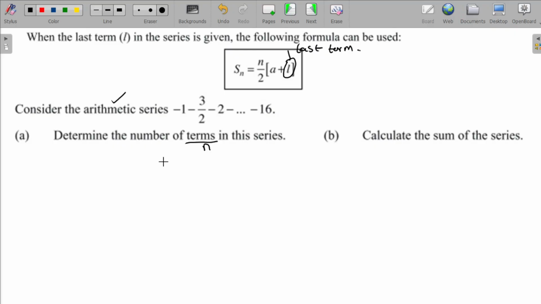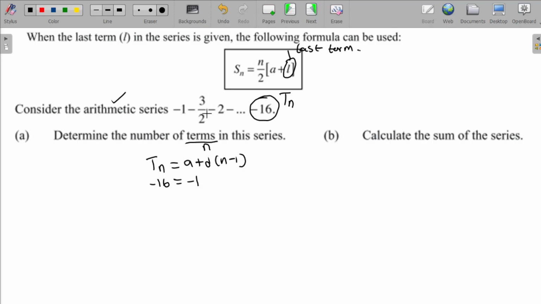Now, how do you find the formula of an arithmetic series? Tn is equal to a plus d into n minus 1. And I know this because this is my last term. We call it Tn. Now, Tn is going to be -16, is equal to the value of a, which is going to be -1.